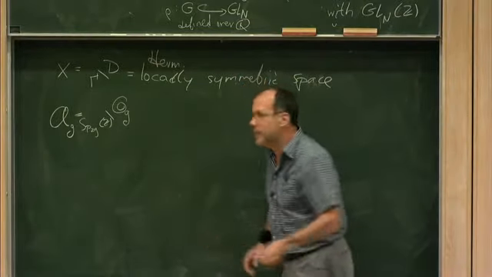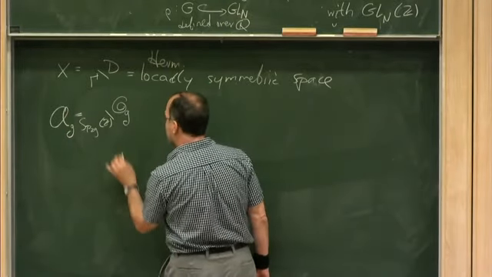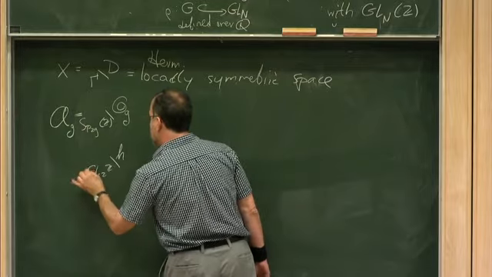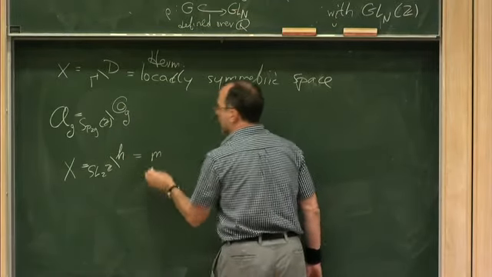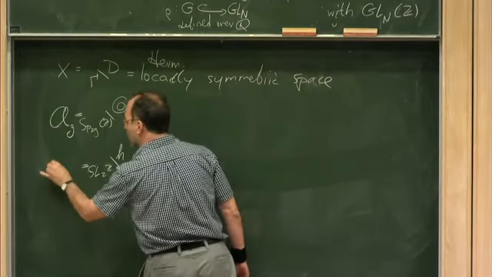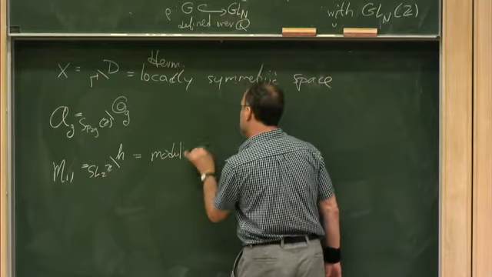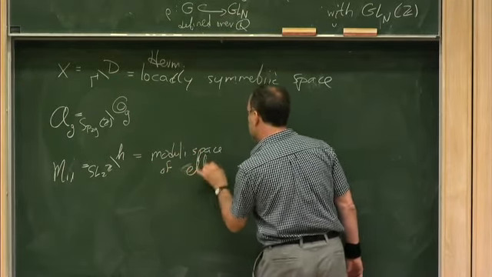This is a moduli space. But let me actually start first. What if we take the usual upper half plane modulo SL2Z? This is M11, the moduli space of elliptic curves over C.